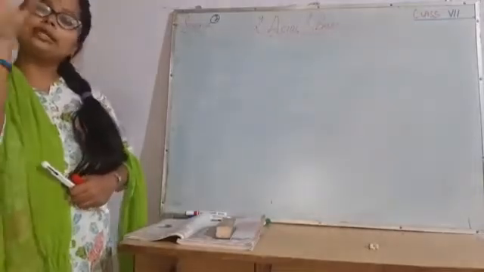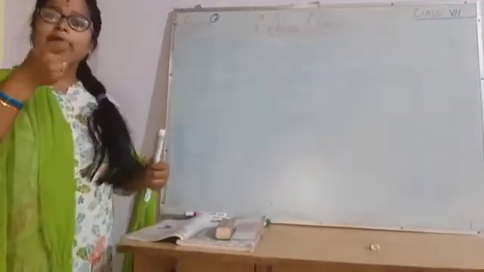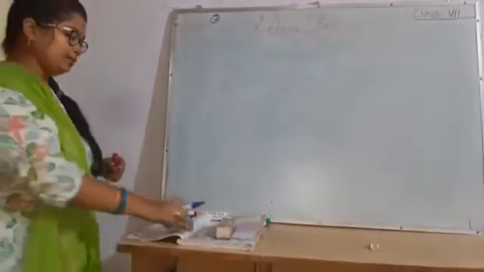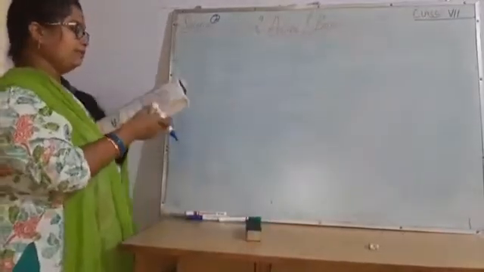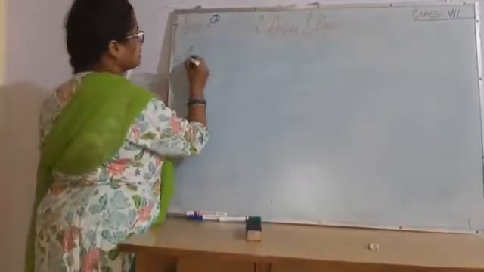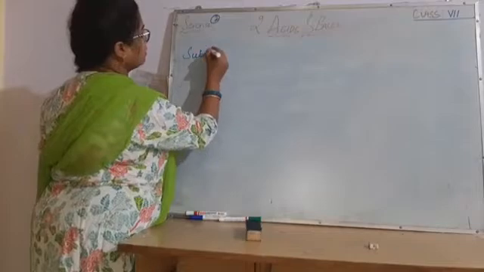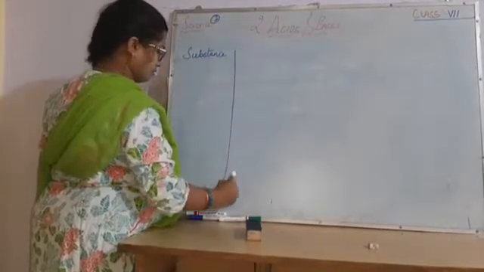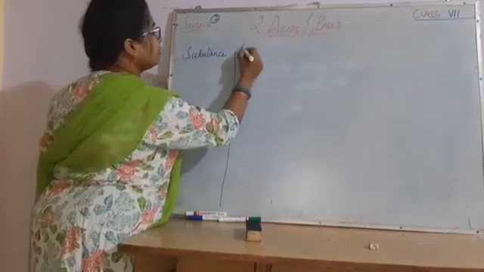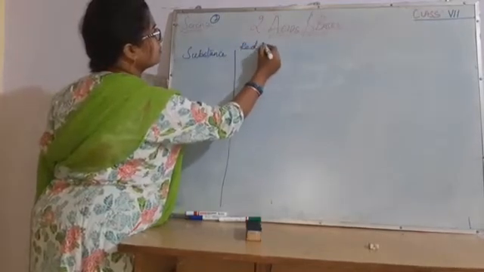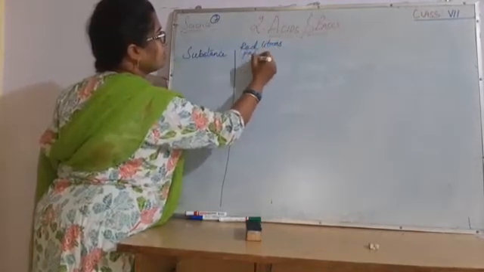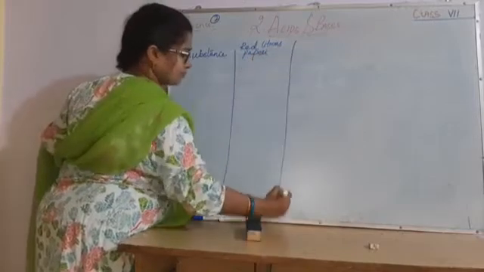You are supposed to take these examples and put those papers in them. Here are the 3 columns given to you in the table. First one is substance, then red litmus paper, and blue litmus paper.